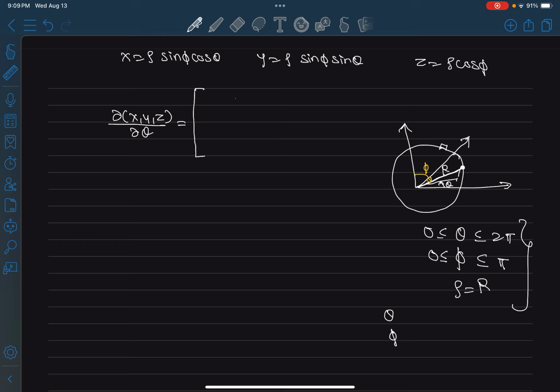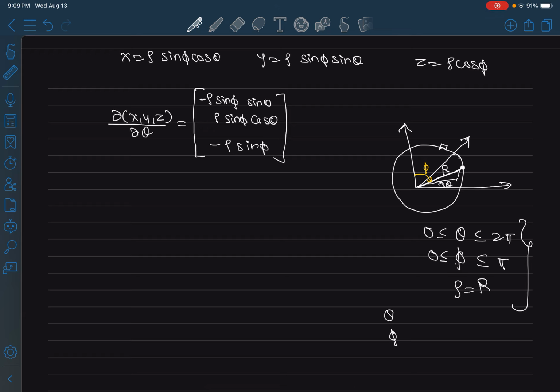The change created by a small change in theta is minus rho sine phi sine theta, rho sine phi cos theta, and 0.